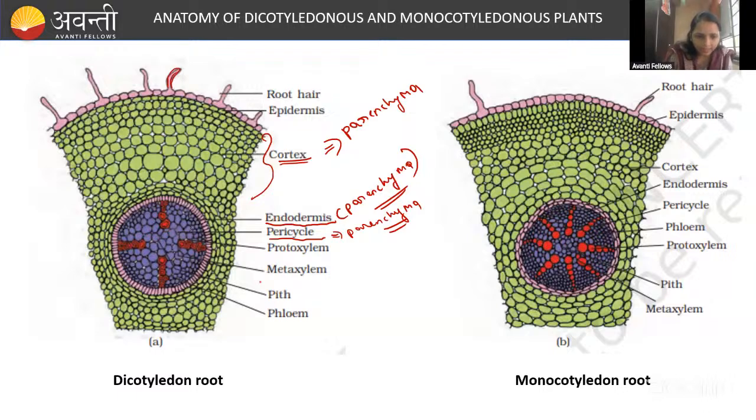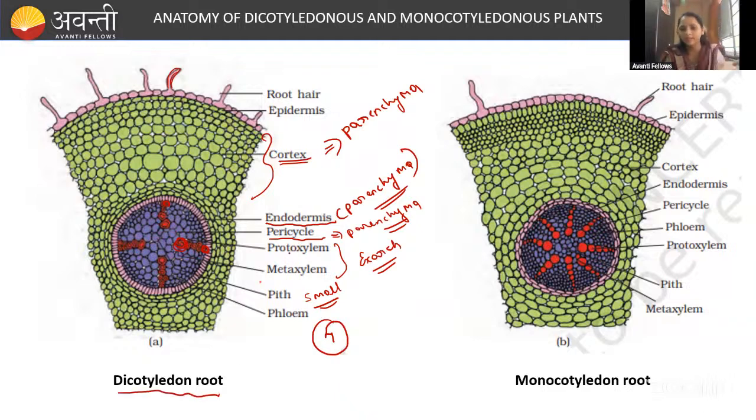Here you can see, guys, protoxylem, the smaller one, is outside, and the metaxylem is inside. This condition is called the exarch condition. And here you can see the pith is very small. And the vascular bundles, you can see only four, in the dicotyledon root.